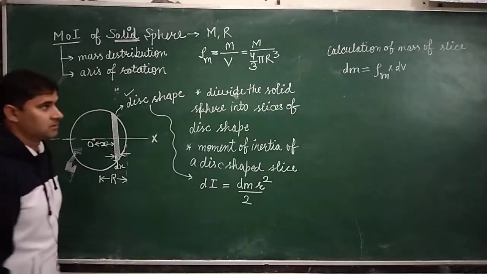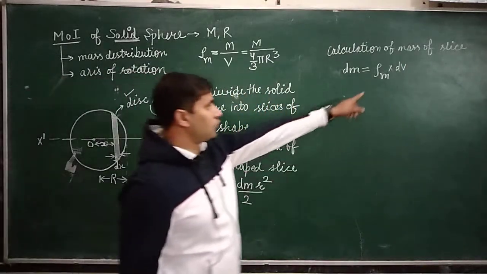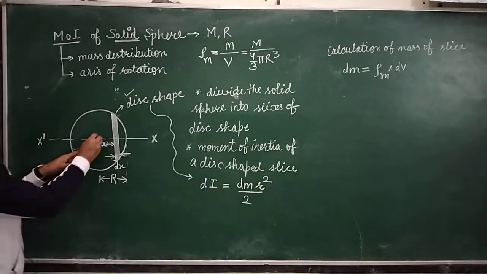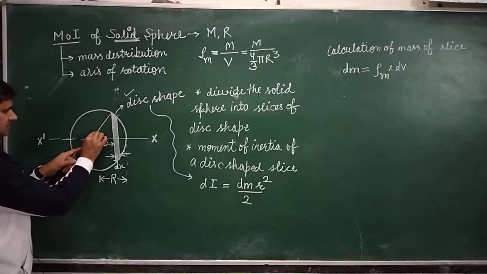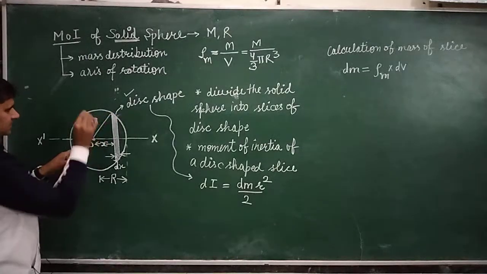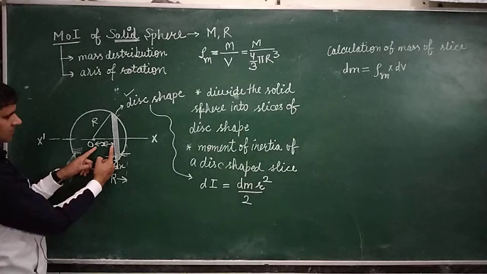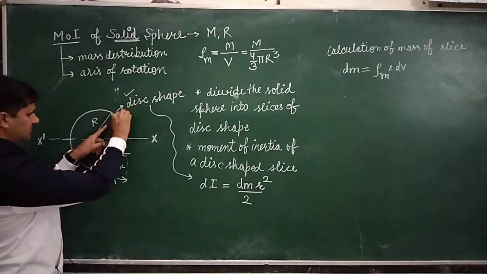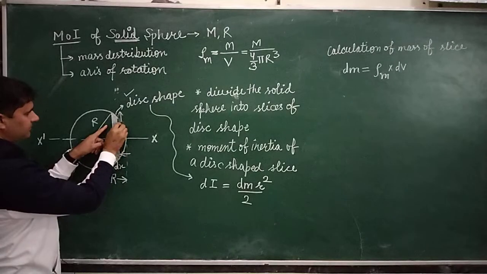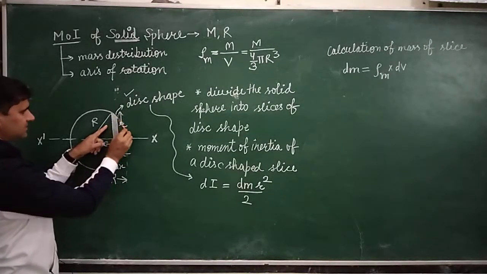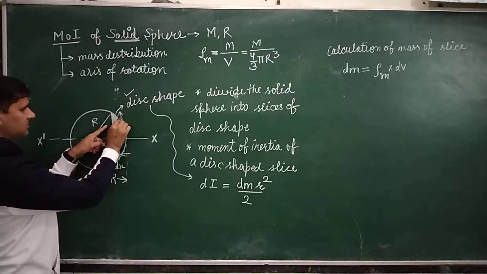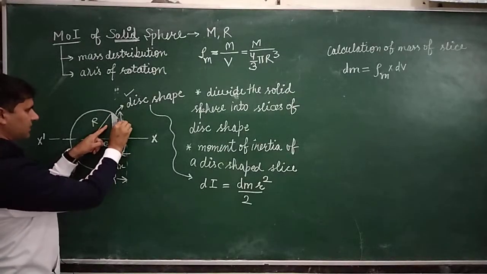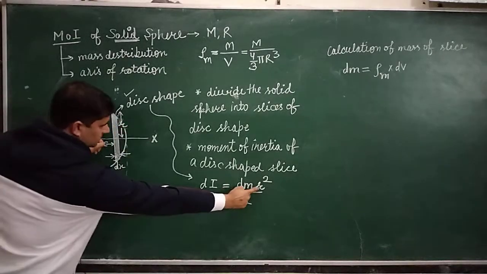Now we are to find the volume of this elementary disc. This is the radius capital R, this distance we have taken as x, and this distance, the radius of the slice, is small r.